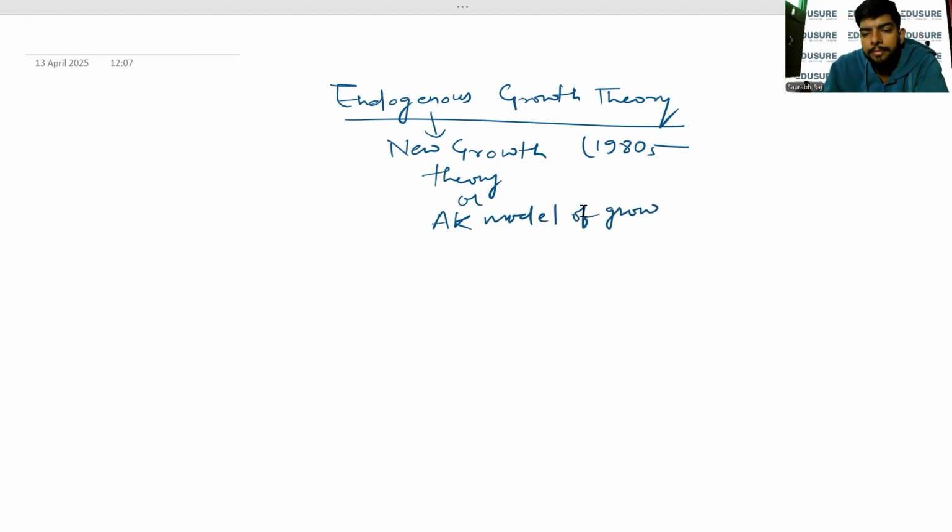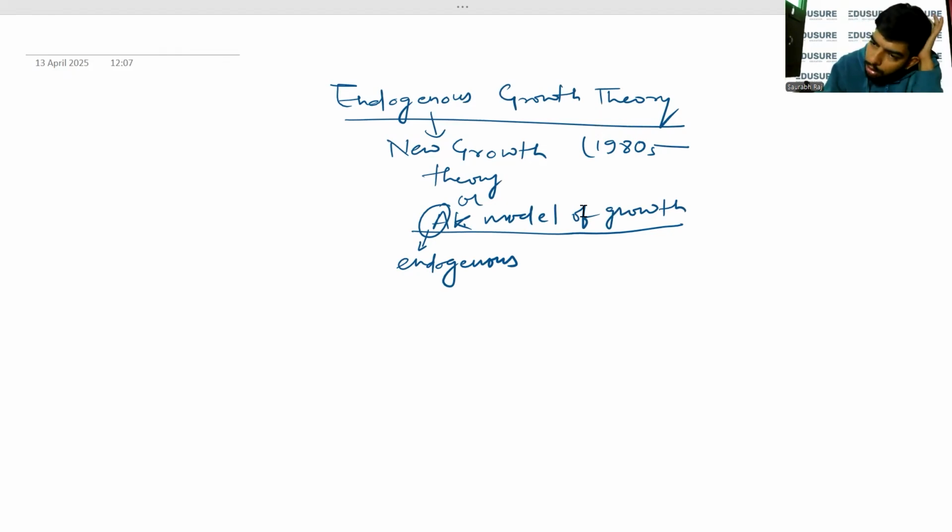Because here the A, that is the technological progress, depends on capital accumulation. Means A is endogenous. That's why it is called the AK model of growth. This is contrasting to the exogenous model of growth, which was developed by neoclassical growth theorists. The main proponent was the Solow-Swan model.